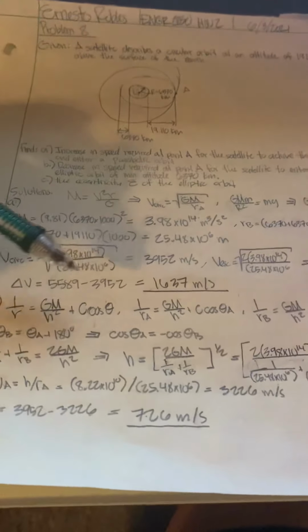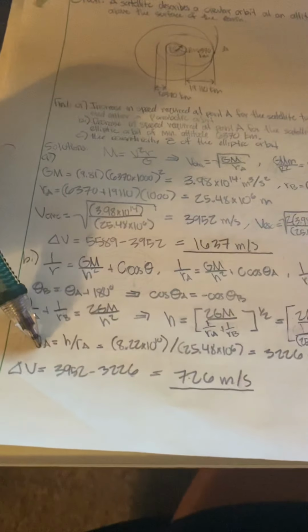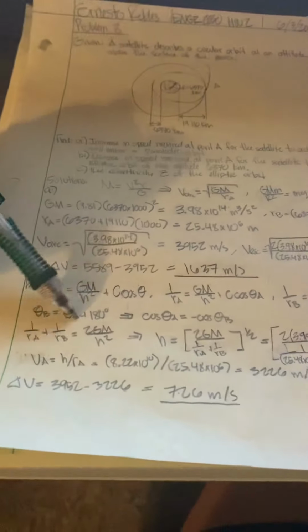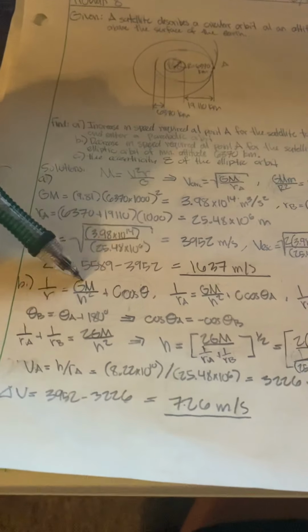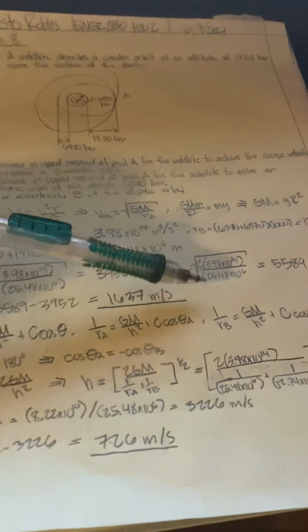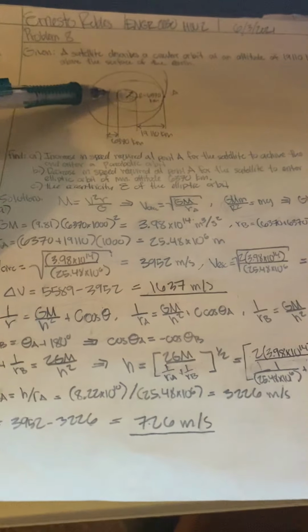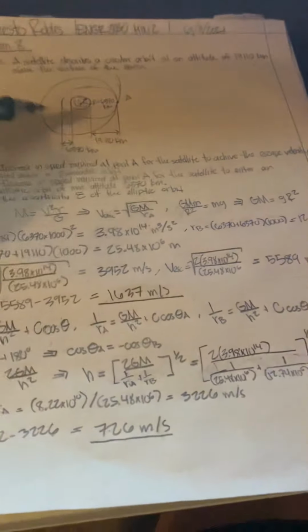The reason for that is because we want to solve for h, which will help us get the velocity at point A. So we'd use this equation for both point A and point B, which is right here.